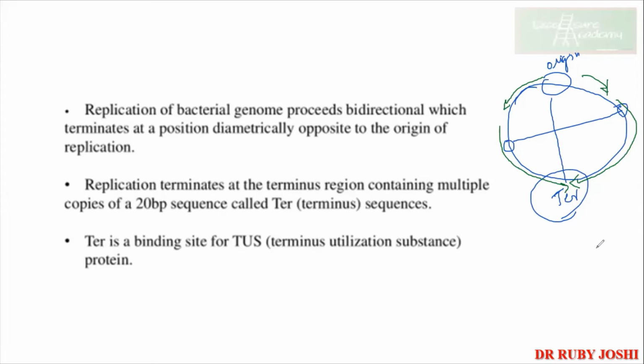ठीक है, अभी हमें ये देखना है how exactly these terminating sequences are stopping the replication fork. नहीं तो क्या होगा, you could also imagine that if suppose these sequences are not there, what will happen? There's a chance that replication fork can go ahead, right?